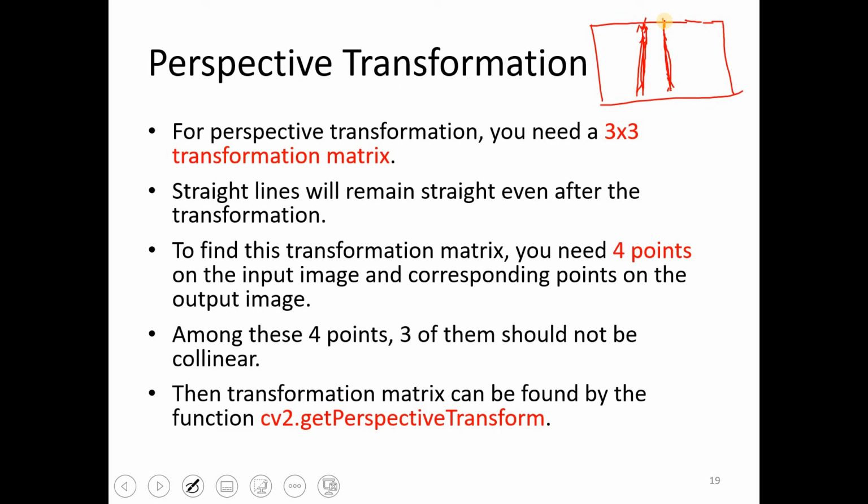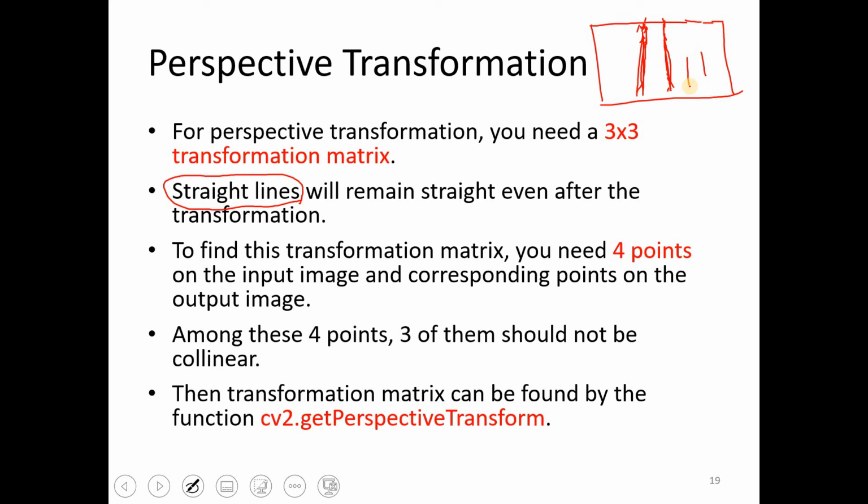So this is one of the fundamental properties of all images, that they retain the straight lines inside the images. All the things that are parallel remain parallel even after transformation.